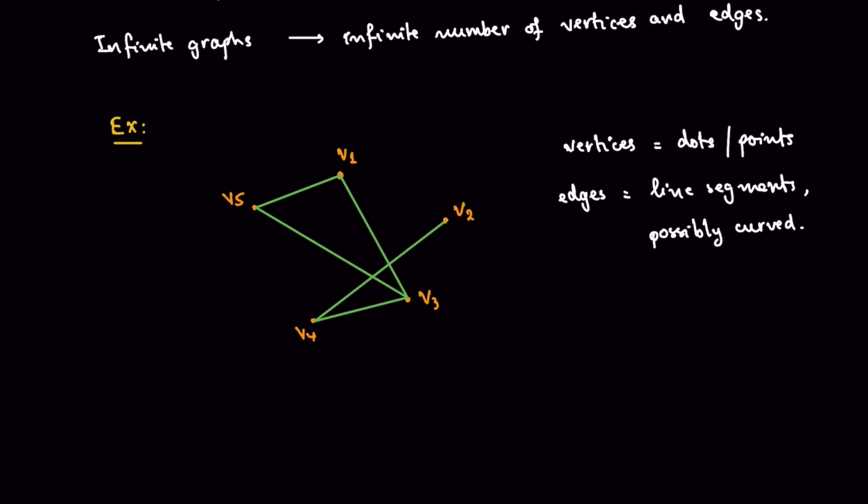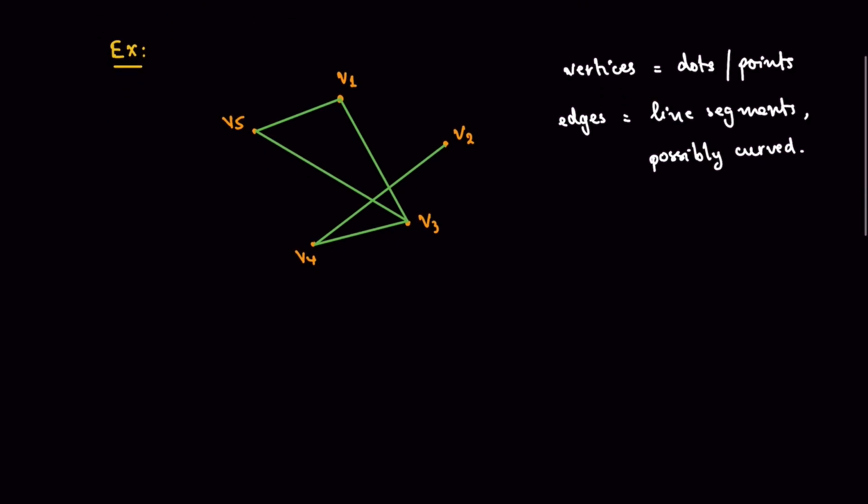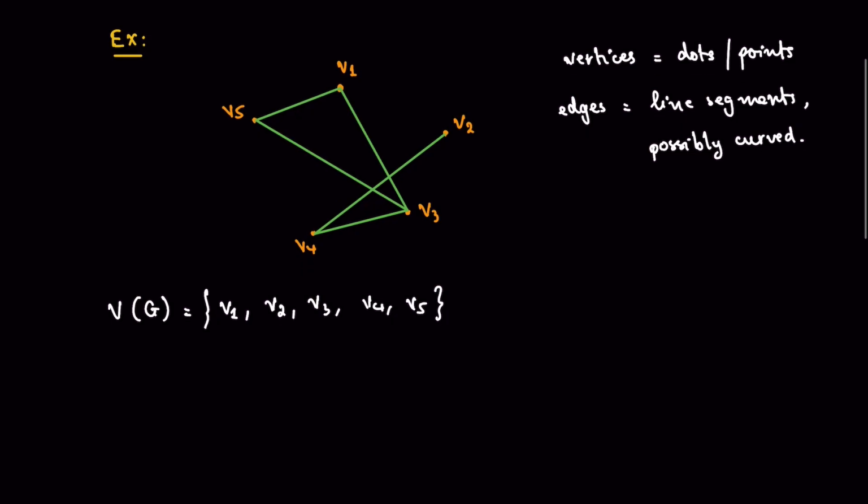How could you identify the vertices and the edges in a set? By definition, the set of vertices is written as V of G, and this is the set of V1, V2, V3, V4, and V5 in this particular case. For the edges, we use the notation E of G, and we can see that V1 is connected to V3, V1 is also connected to V5.